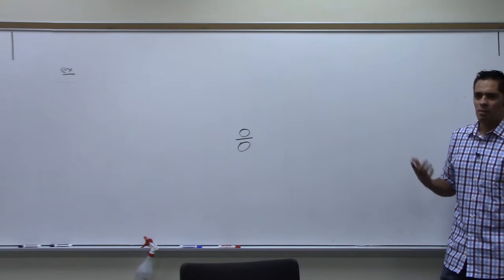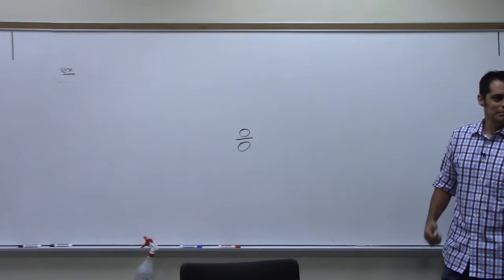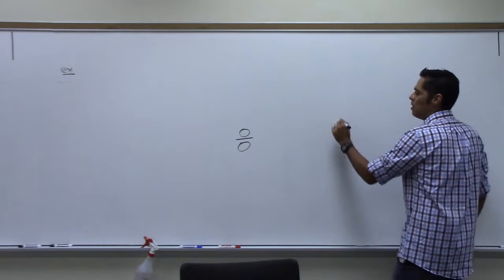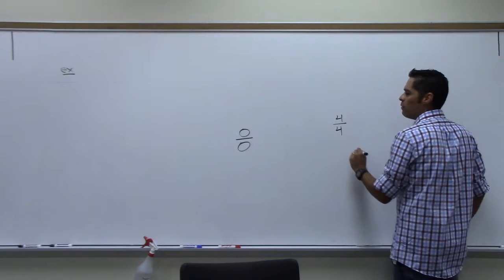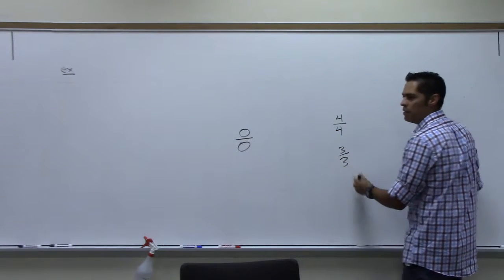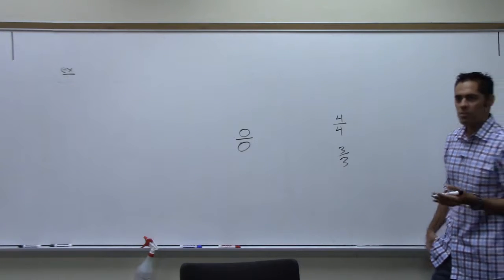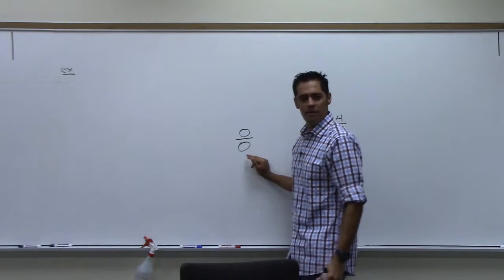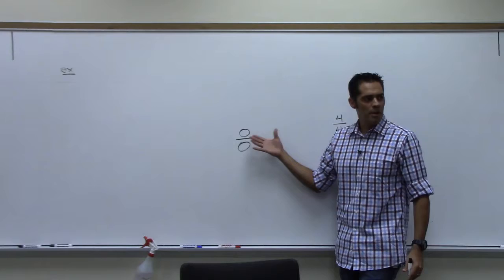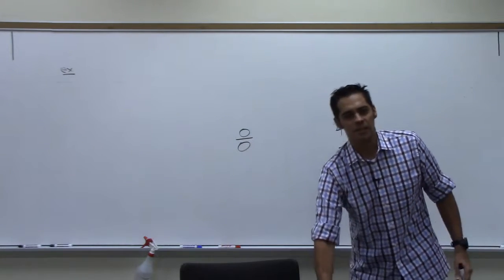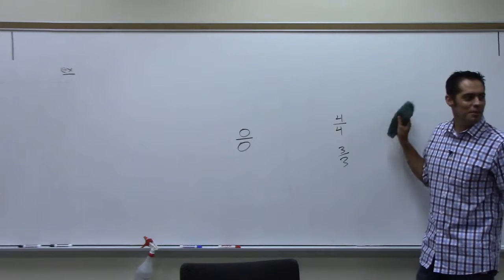Is it 1? Well, I could see why you'd want to do 1, because 4 over 4 is 1 and 3 over 3 is 1. You've always been told that anything over itself is 1, right? But you've also been told that you're never allowed to divide by 0. So what is this? Infinity. Take calculus and you'll see. Can't do it here. Sorry.